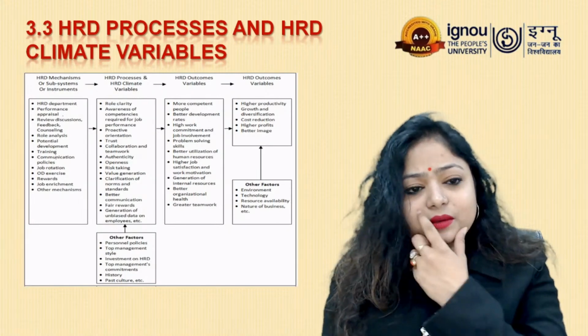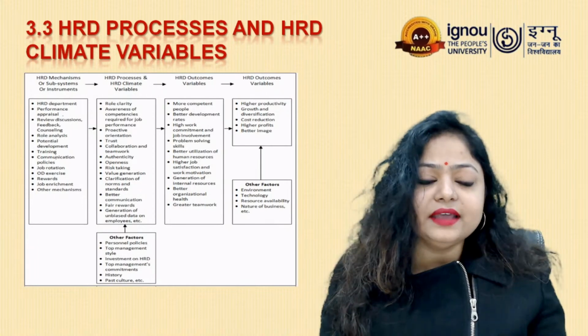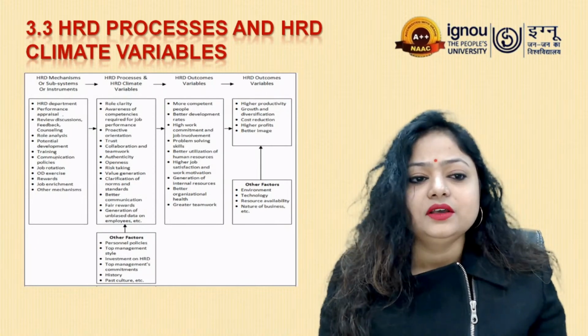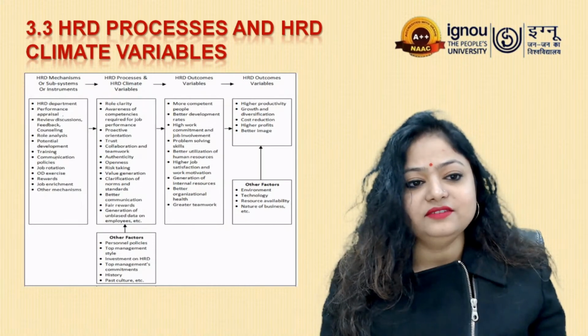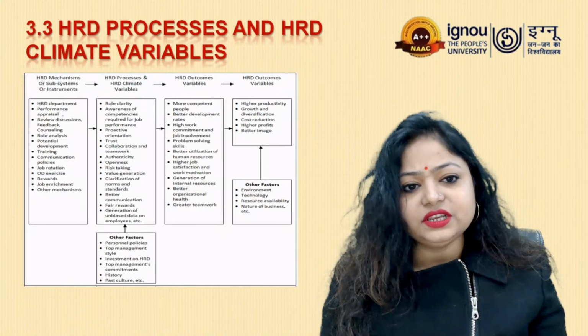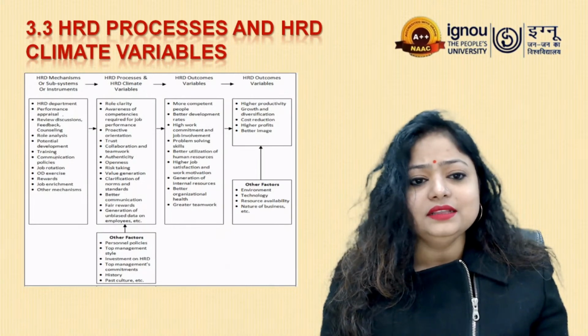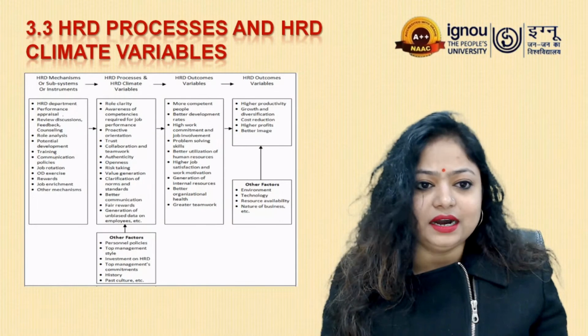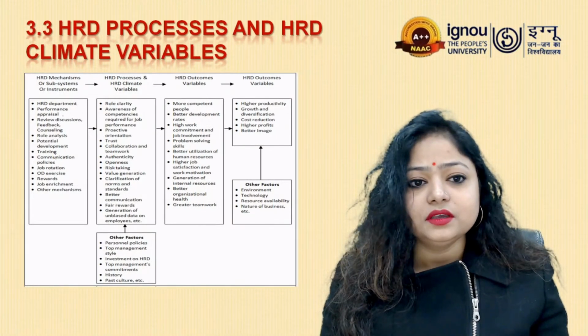Now, various variables or factors are there which together combine to formulate an HRD climate. Okay, which have certain factors which influence these climate factors. And in the third box, as you see in this chart, are those HRD outcome variables. Now, what are these outcome variables?